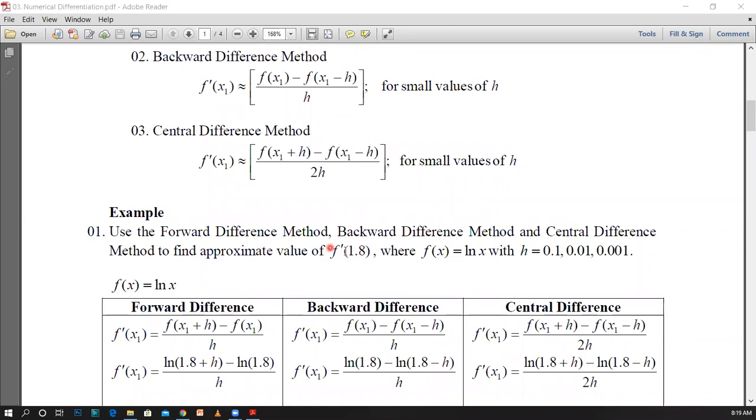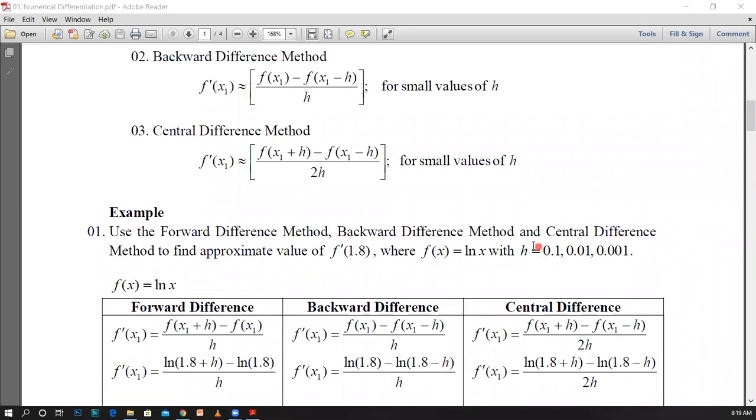Here we have a function f, and we need to take the derivative at the point 1.8. The function f(x) is given as ln x, the natural logarithm of x, and several values of h were given.